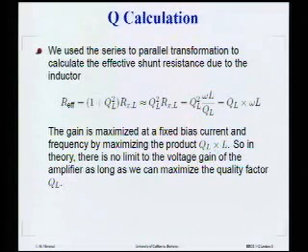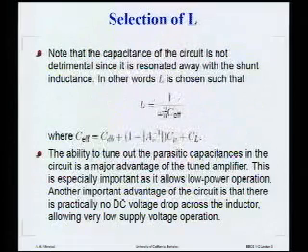Because remember, the L has to tune out the effective capacitance in the circuit. So L is actually not a free parameter. The inductance value is chosen so that the resonance frequency of the circuit is the frequency where you want to operate. Okay. Does that make sense to everybody? Questions?